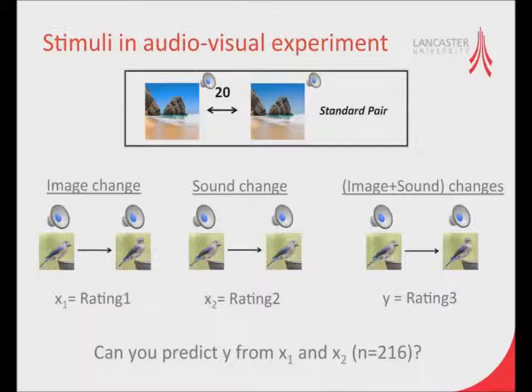So in the first case, only the image changes. Okay, so the sound remains the same. In the second case, only the sound changes, but the image remains the same. And in the third case, we have both an image change and a sound change. And we want to see, can x1 and x2 predict y?